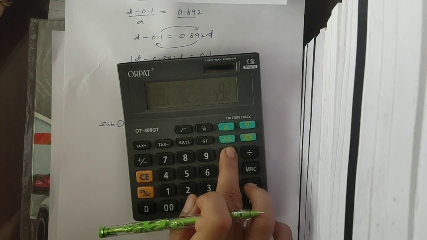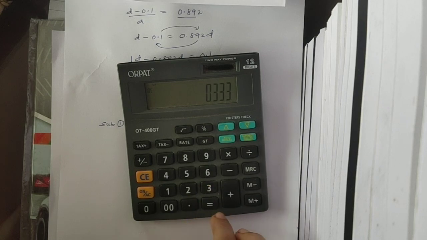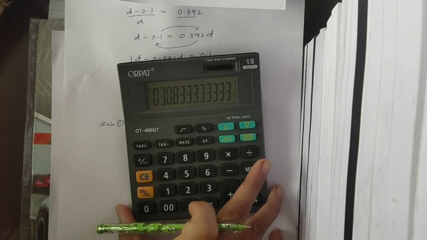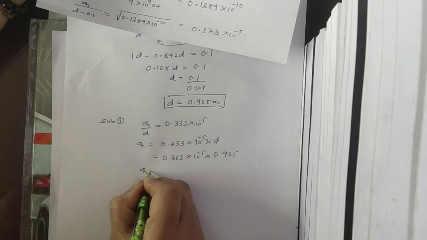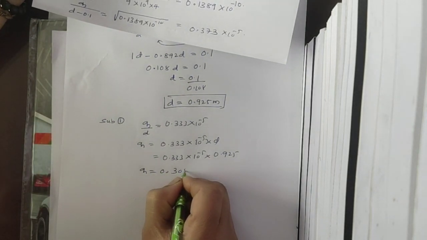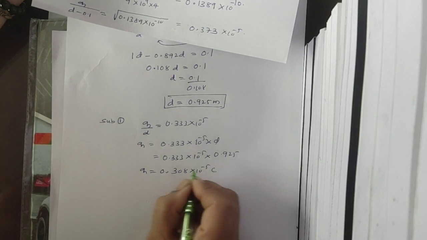So we multiply 0.333 by 0.925. How much are we getting? 0.308. So Q equals 0.308 into 10 to the power minus 5 coulomb.